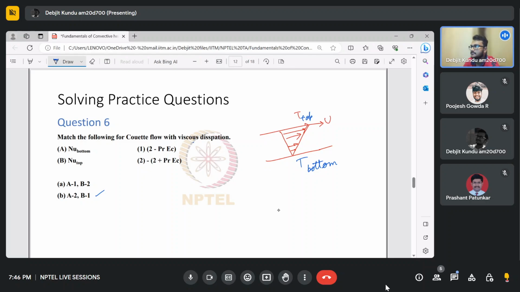This can be written as 2 minus BR. And option 2 says it's minus 2 plus Brinkman number BR. So you have to match the following, and there are only two options possible. So it is either A1 B2 or it's A2 B1.